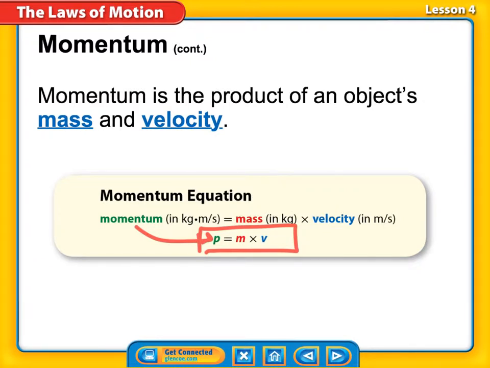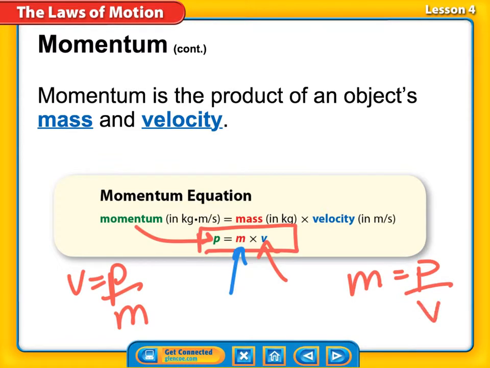Now, you might end up having to use different versions of this where you solve for mass and you solve for velocity, but I'll give you those if you have to do that. It's easy. You just divide by the one that you're not looking for. So, you know, it ends up being v equals p over m, and m equals p over v. p is always on top. So that's pretty easy, but I'll give you those.